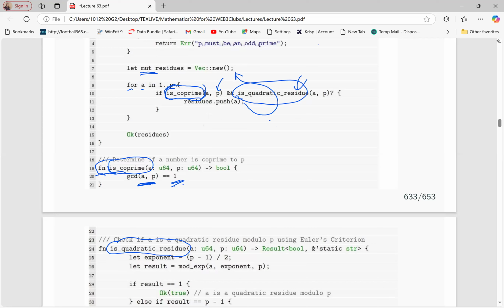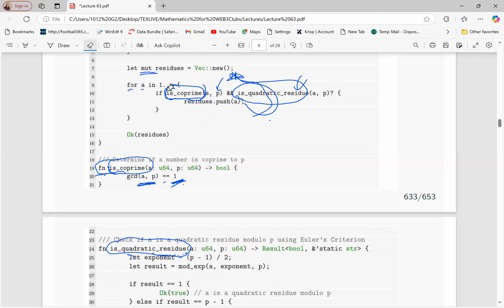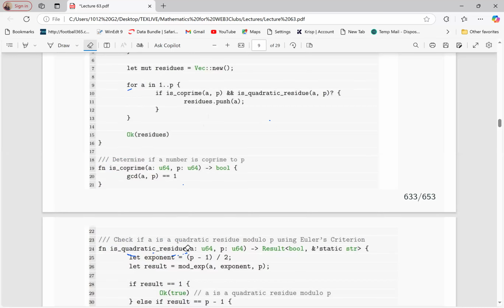It picks an element here, that element must be coprime, and then it checks here if that element is a quadratic residue. If that element fulfills these two conditions, it's coprime and at the same time a quadratic residue, it is sent to that vector. And then it goes to the next A. So for instance, it must have considered 1, then it goes to 2, goes to 3. Those which do not meet those two conditions are not sent to the vector.